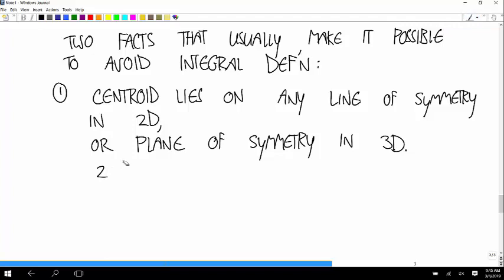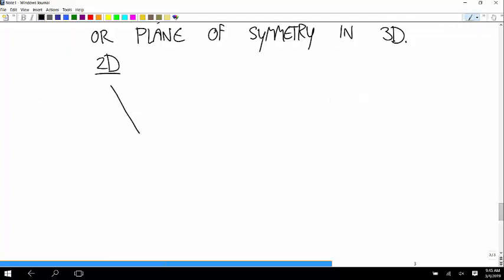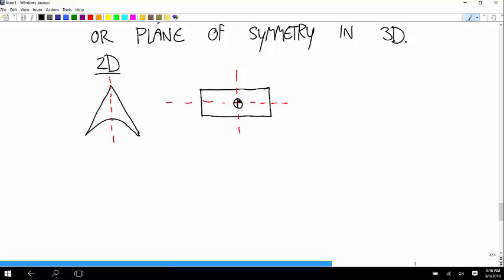So like in 2D, say like the Star Trek thing, that has a line of symmetry like this. And so the centroid has to lie somewhere along that line of symmetry. A rectangular shape has a line of symmetry there and a line of symmetry there. And so the intersection has to be the centroid.